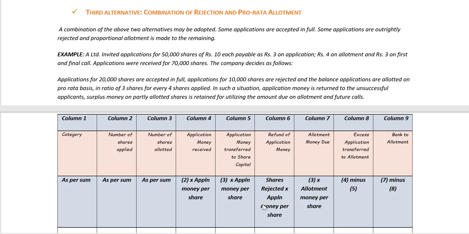We will take the number of shares applied and multiply it with the application money per share.